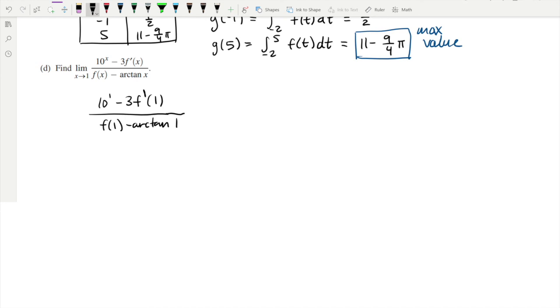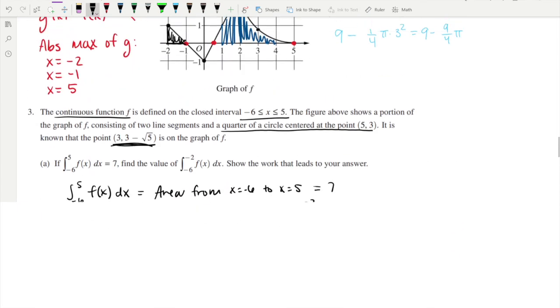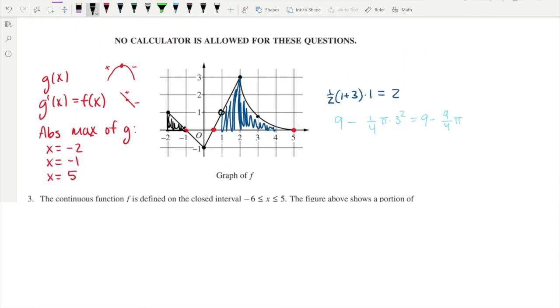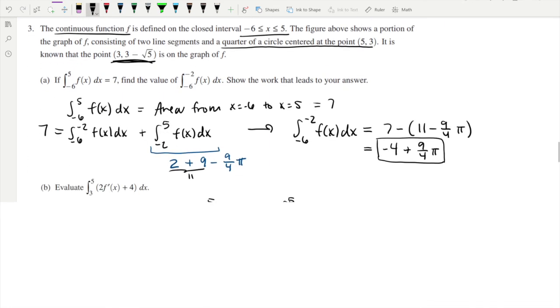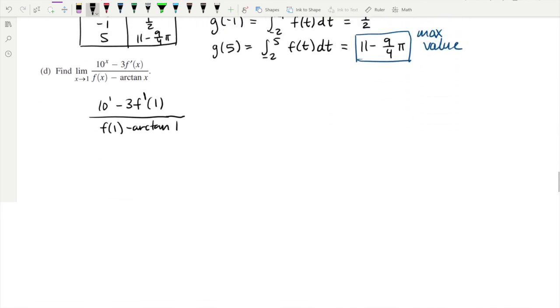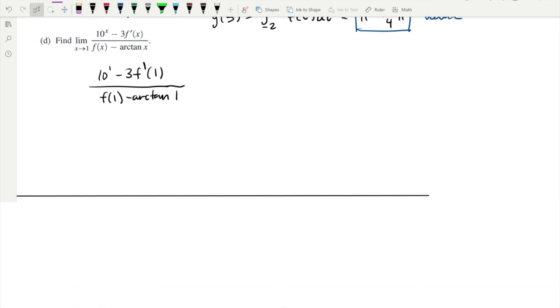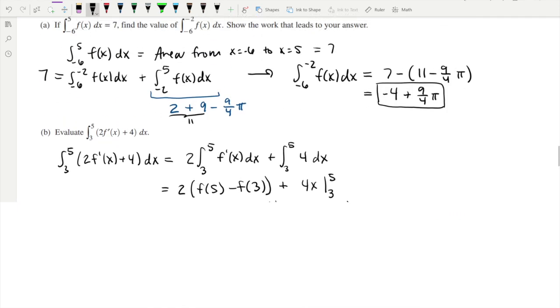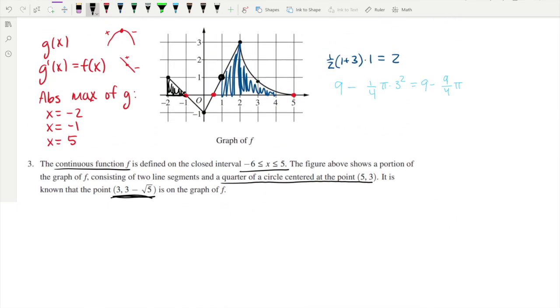Well, that should be the slope of the function f at 1. So we should go to our function f and find its slope at 1. Here, it's on a line, so I can compute that slope. The slope is 2. So on the top here, it looks like we have 10 minus 3 times 2. That's good. That's a number. And f of 1, I should have checked the value there. f of 1 looks to be 1.